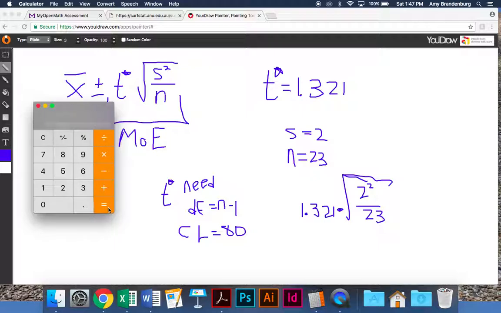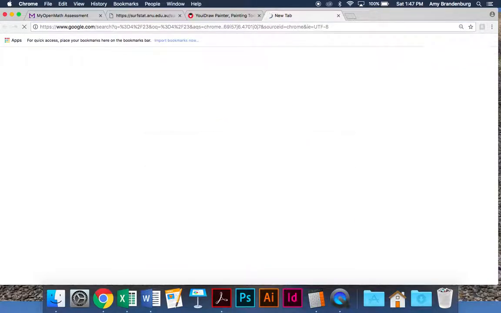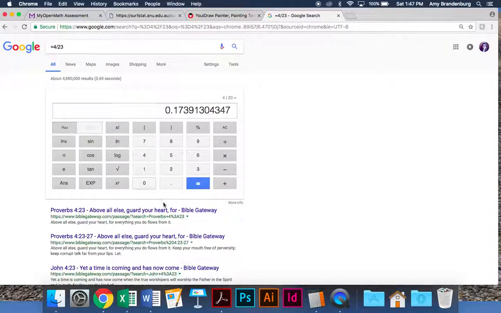So 4 divided by 23, and now I'm going to hit the square root button on 4 divided by 23, making sure that I'm putting that inside the square root so that the whole thing is getting square rooted. Equals, and now we'll multiply by our t.